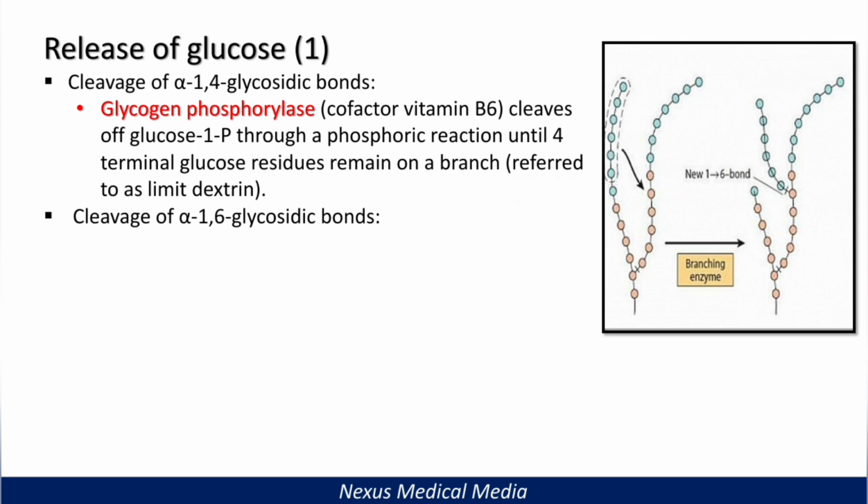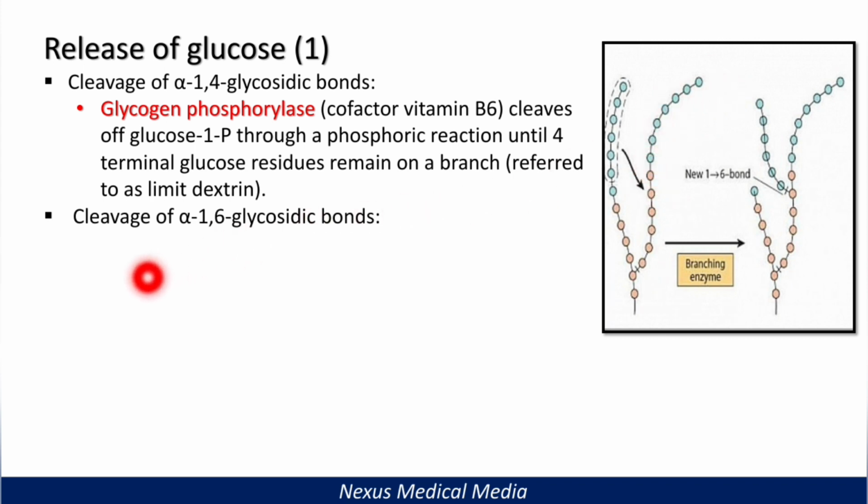So these are the glucose 1-phosphate. You'll be releasing these one by one, 1, 2, 3, 4, 5. At the end, you just have glucose 1-phosphate, right? Just put it on the side.